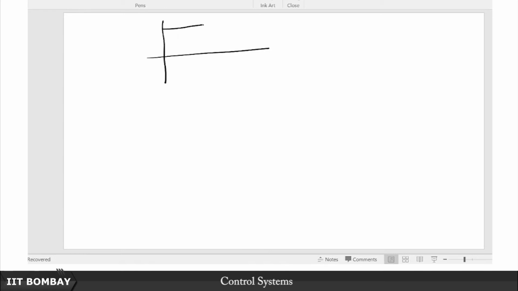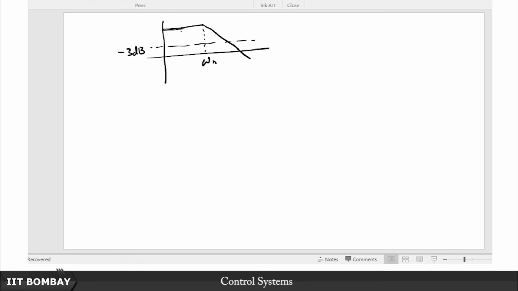So suppose this is what it is, this is omega n, and suppose this is your minus 3 dB line.